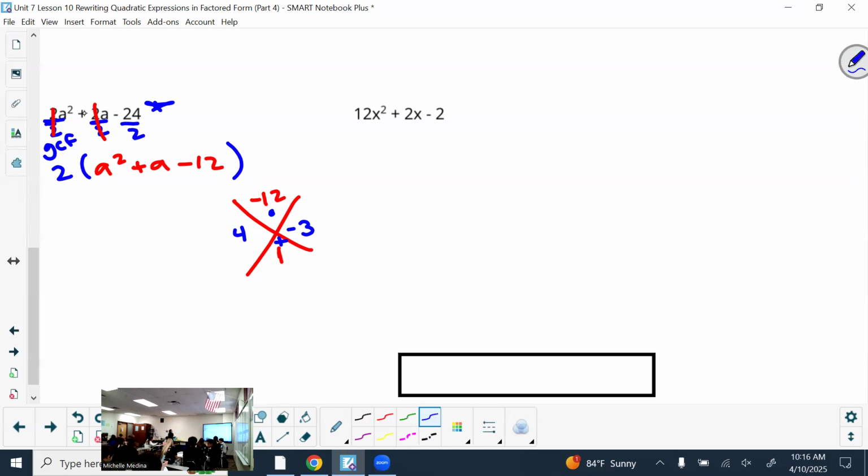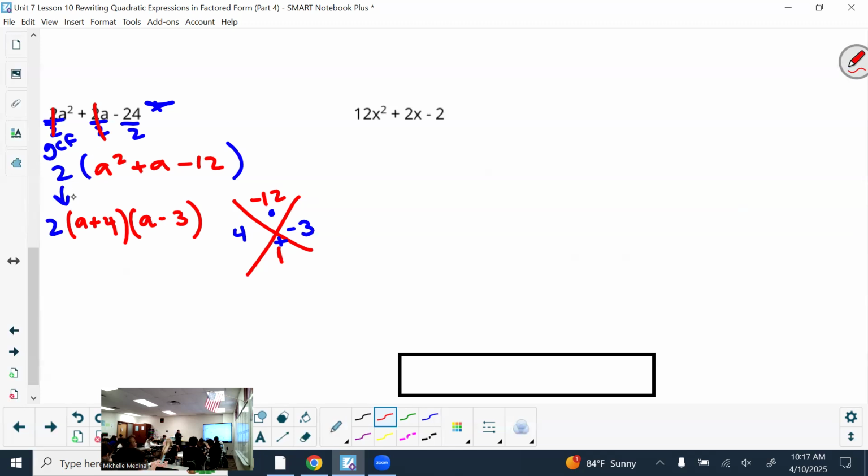All right. So my GCF is still going to be in my answer, but now my parentheses are going to be, actually since A is 1, we're going to be done. My parentheses are going to be A plus 4, A minus 3. And because my leading coefficient here was 1, I don't really have to do anything else.